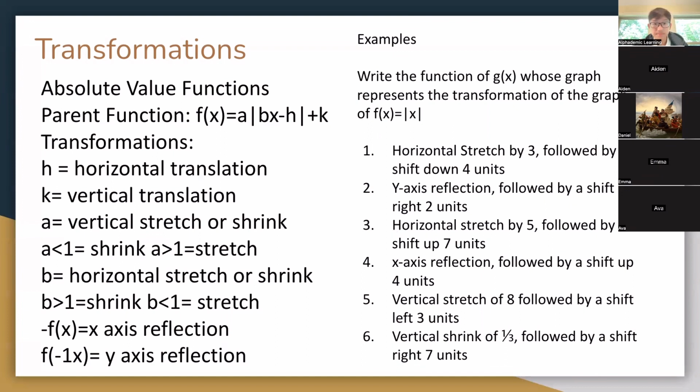I'll do the first one as an example. First, as you can see, we have the horizontal stretch by 3. So that would mean g of x is equal to the absolute value of 1 over 3 x, and then minus 4 outside the absolute value symbol.